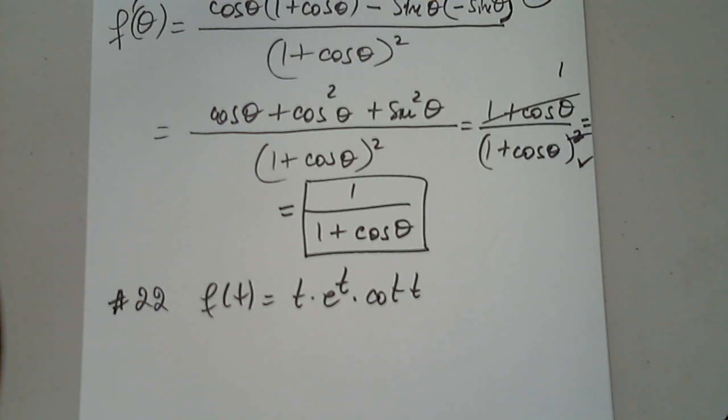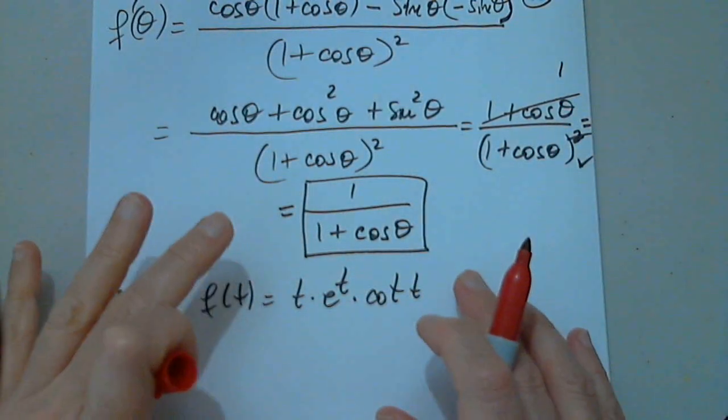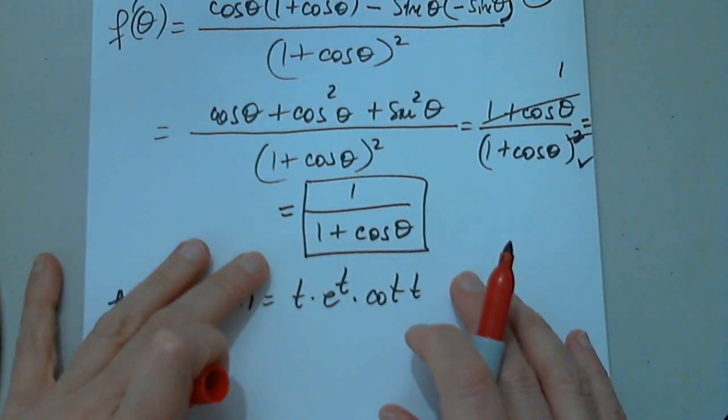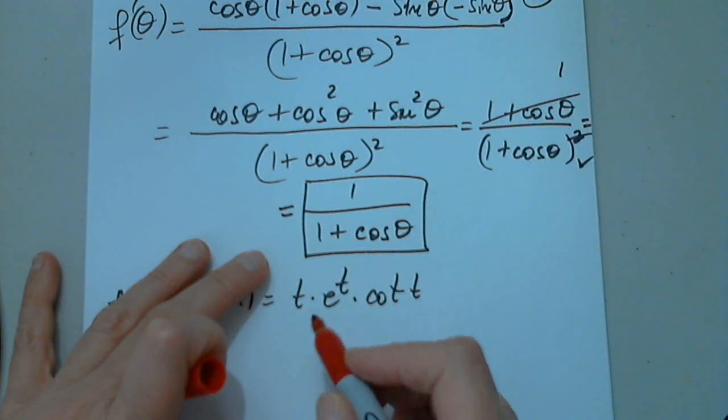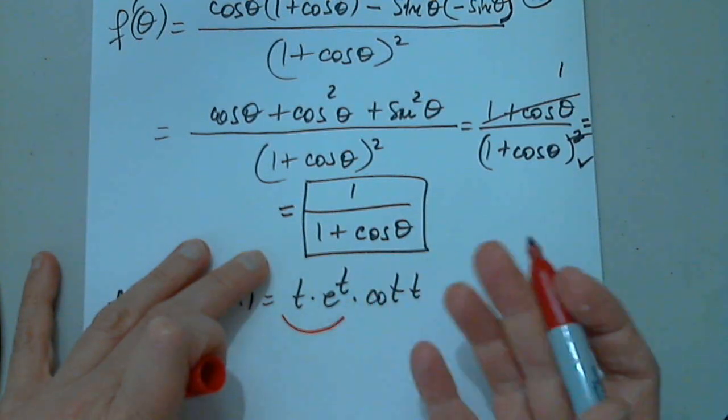Okay, this is an interesting situation in which we cannot simplify. So I need to identify what I'm looking at. When I try to identify what this is, I have to choose. There are many options.